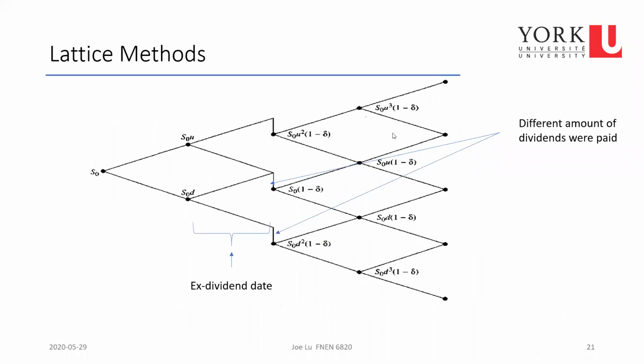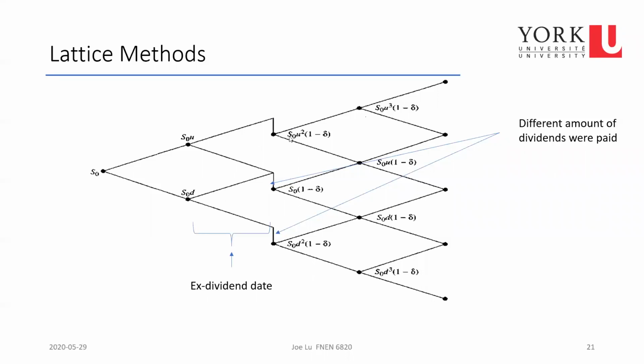So to illustrate that, suppose this is the first time step, and between the first time step and the second time step here, there's an ex-dividend date. Here, you need to reflect the dividend payment. Essentially, dividend payment is a ratio, a percentage of the value of the stock.